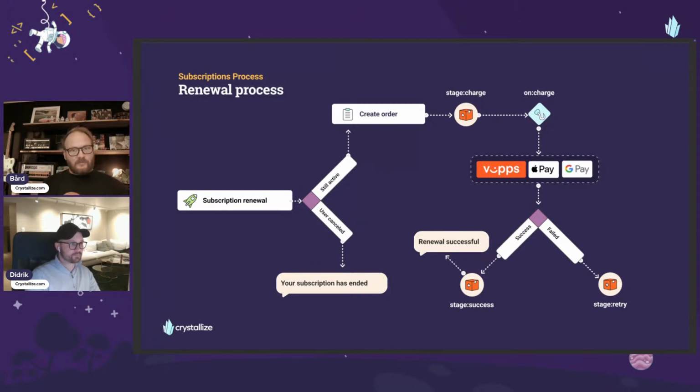And that's also the good part here, where you can abstract away this subscription management, also independent of how many payment services you have here. So you can combine like VIPs for the Nordic market, for example, or you have Apple Pay for Europe, and you have invoice for B2B clients and things like this.